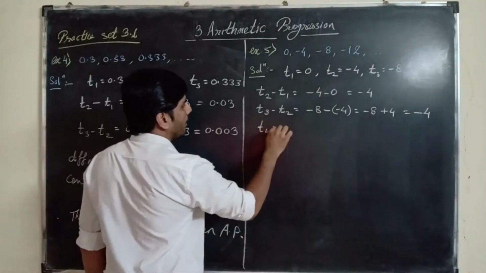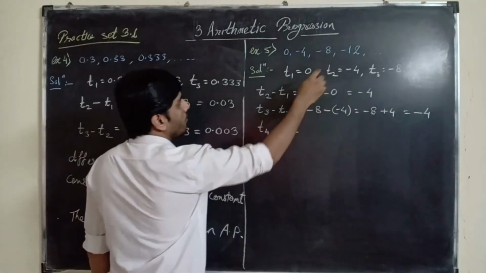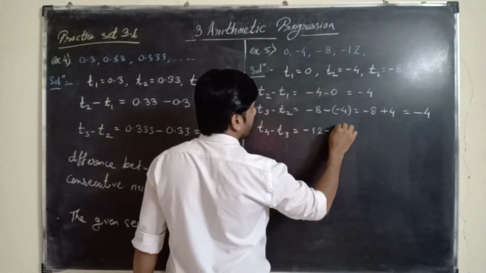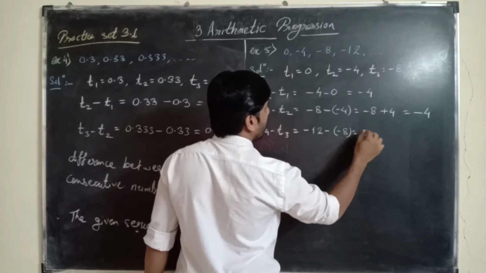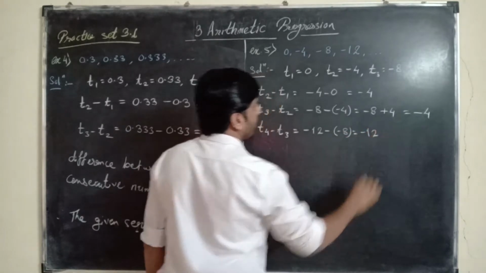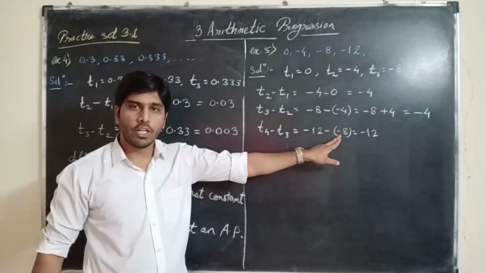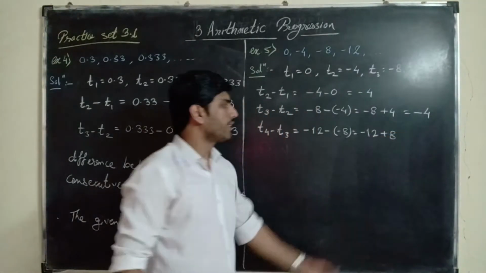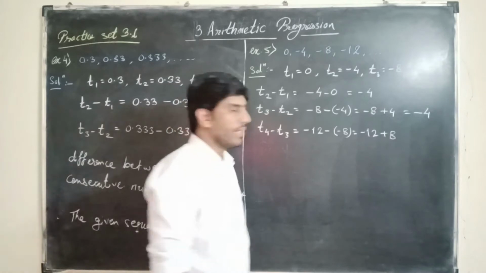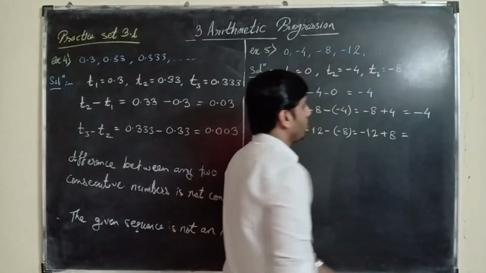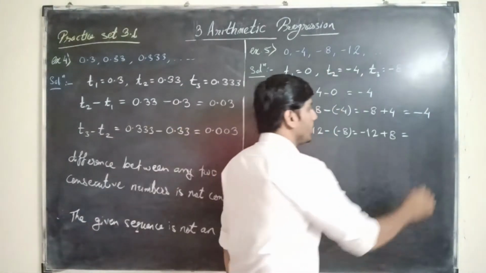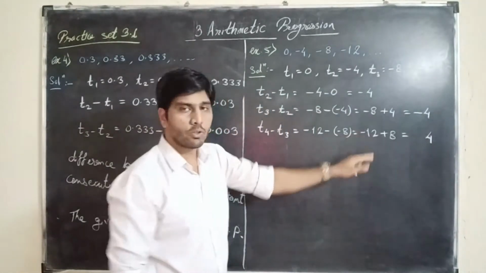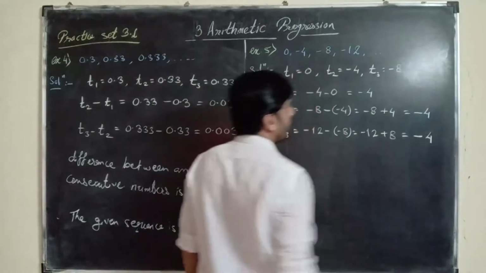And T4 minus T3, which is equal to negative 12 minus negative 8. Again negative 12, negative into negative will become positive 8. And signs are opposite, so subtraction will take place. The difference between 8 and 12 is 4, and the greater number carries a negative sign, so the answer will also carry a negative sign.